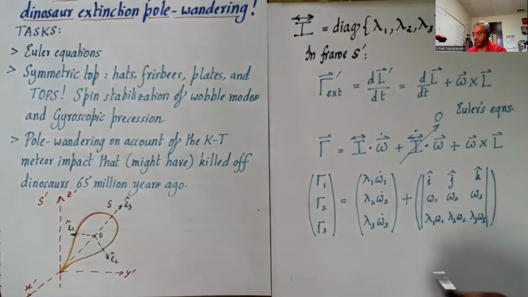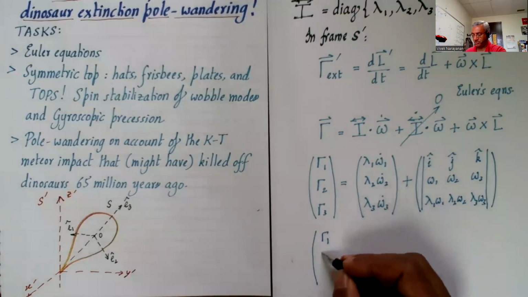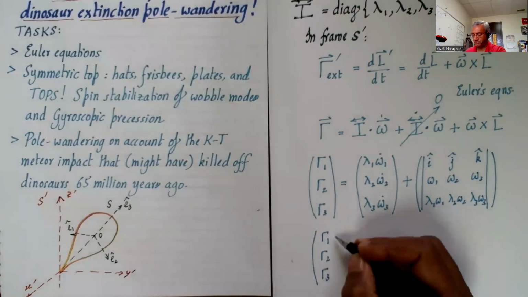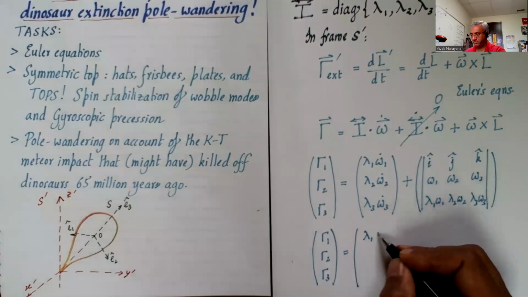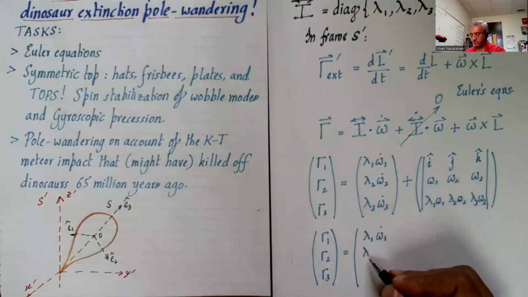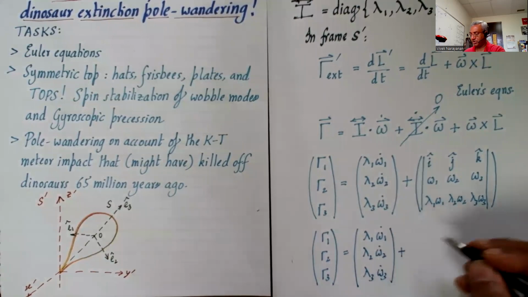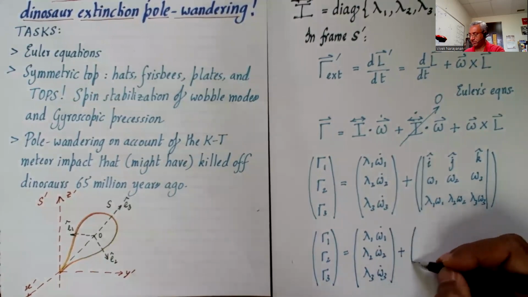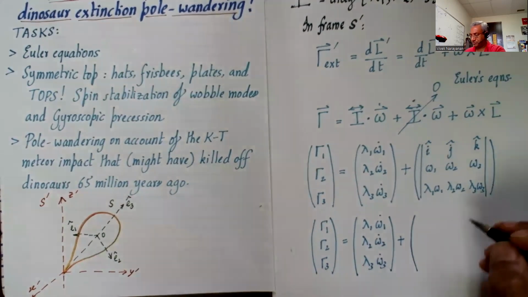But now let's write this one more step. I'll repeat what I wrote here, and then I'll expand the determinant and write it as another column vector. So this time the round brackets are legitimate.